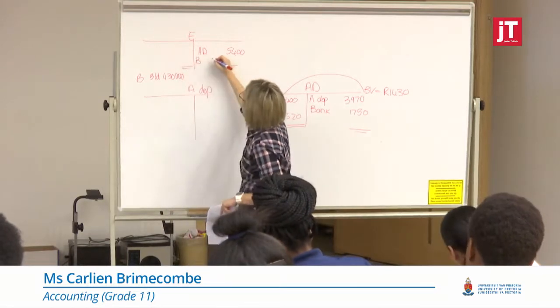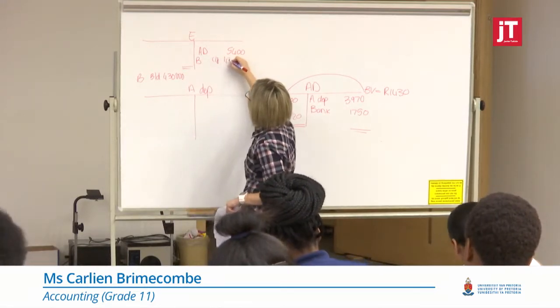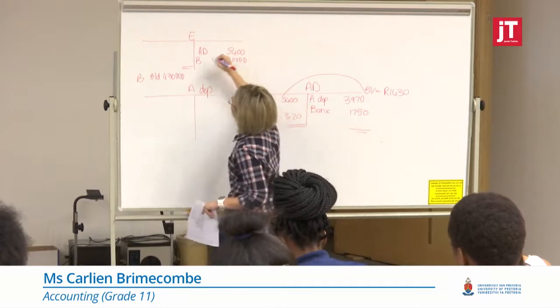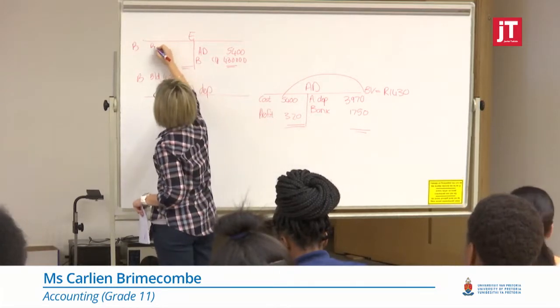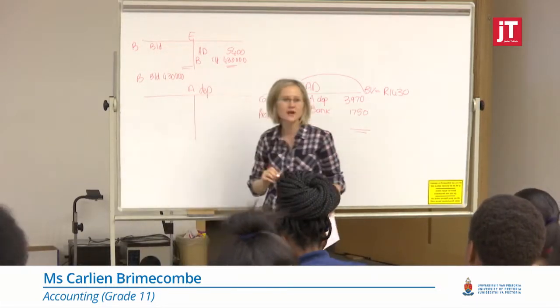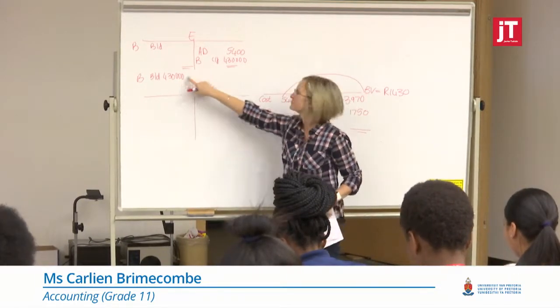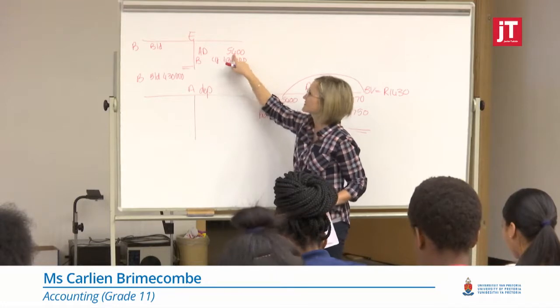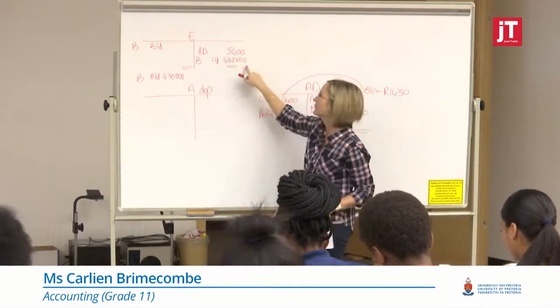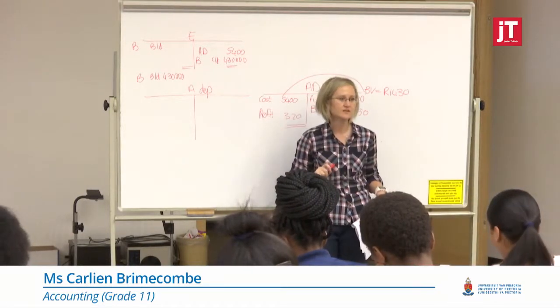Balance brought down means balance carried down. So can I calculate the balance in the beginning? Yes. How do we calculate the balance in the beginning? The end plus... So you add everything on the credit side.